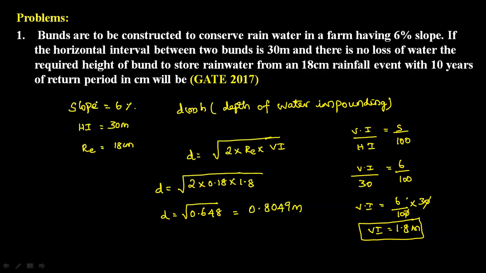In the question they ask for centimeter, so the final answer is D equal to 80.49 centimeter. So clearly note what data is given in the question. It is very easy to solve this kind of problem and score marks.